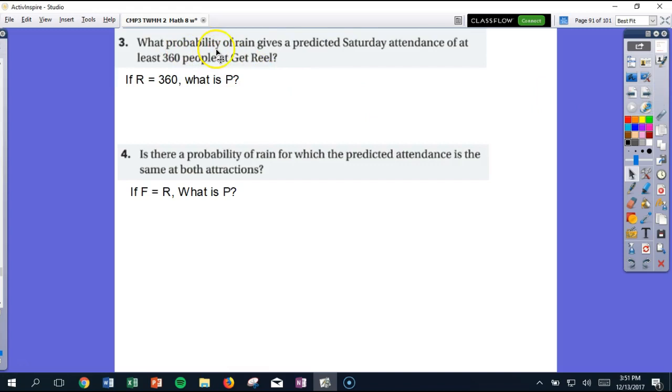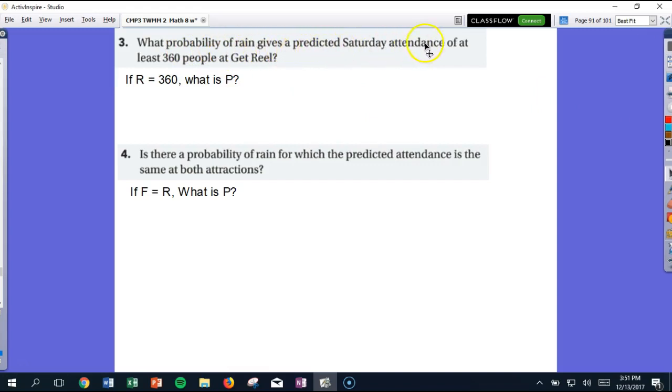Number 3, what probability of rain gives a predicted Saturday attendance of at least, another inequality, at least 360 people at Get Real? Now if R is 360, determine what P is, and then understand what direction that equation is moving, so you know how to apply your inequality to that.